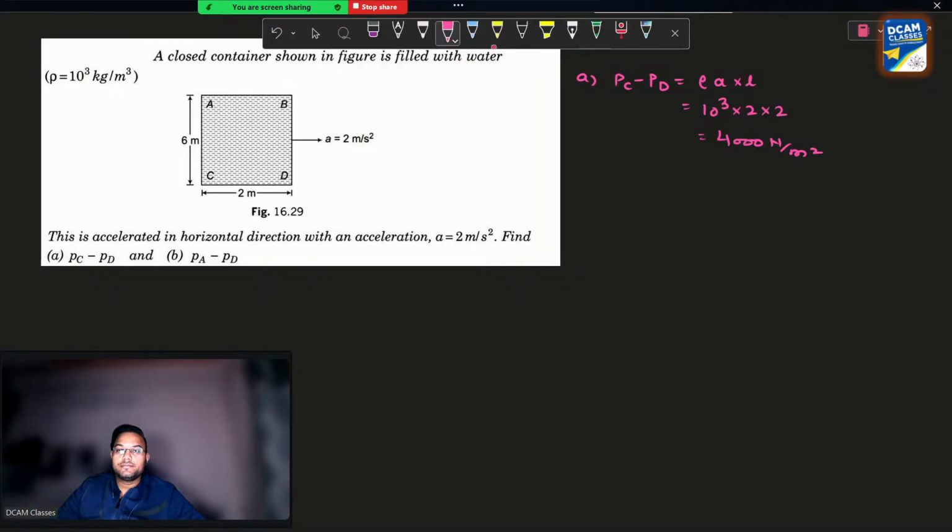What's the second one? The 4000 root 10. Second one? Yes. No. Why root 10?